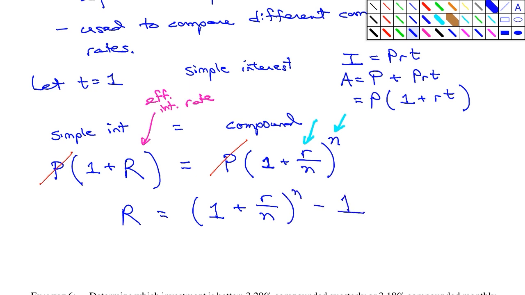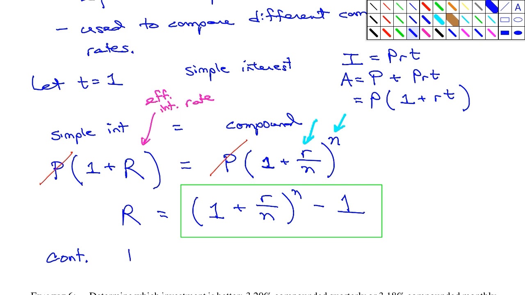And there it is. That's the effective interest rate formula for compound interest. Now, if you have continuous compound interest, then your R takes on this equation: e raised to little r, minus 1.